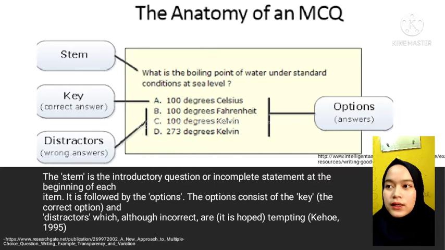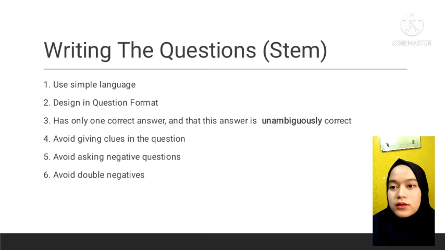Okay, what about how to write the question or the stem? I'm going to explain the tips on how to write multiple choice questions correctly. So here we go.